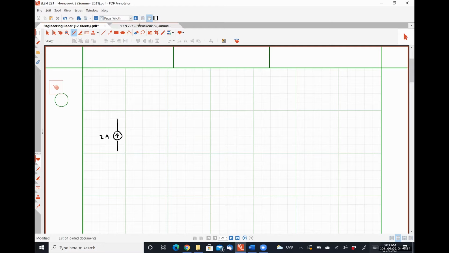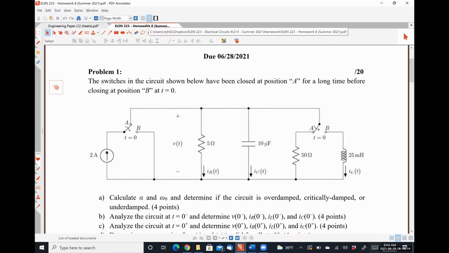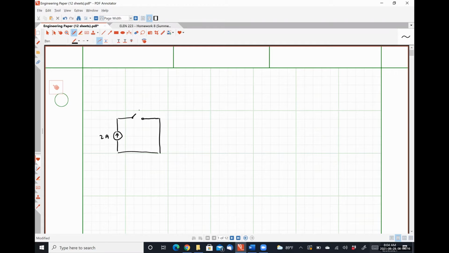So 2 amp source there. Short circuit goes here. Switch is directed like this. So here's a terminal. Then it goes up.